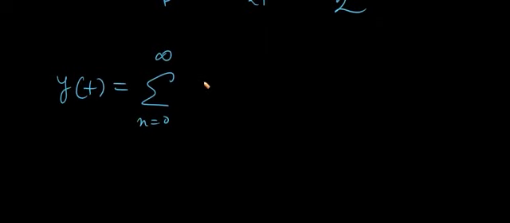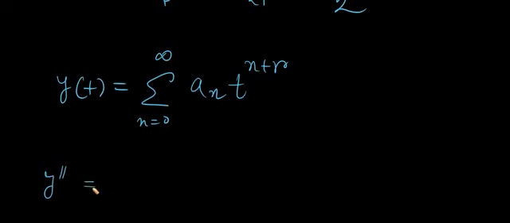If you recall, the solution was something like this: the sum from n equals 0 to infinity of a_n t to the power n plus r. And now we are just going to differentiate it twice. This is similar to the example video you saw when we solved a differential equation near its ordinary point.